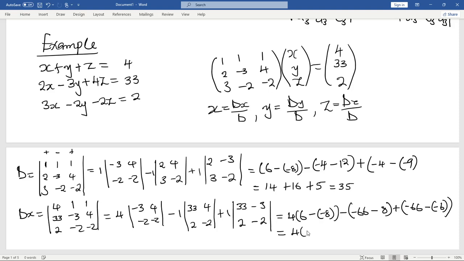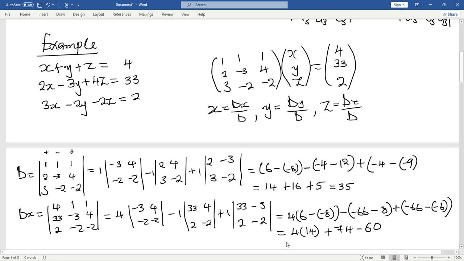Then if we add everything that we have here, you notice that this is simply going to be 4 multiplied by 14 here, minus this and this here. So negative 66 minus 8, we're going to get negative 74 here. So 74, it becomes a positive value, so we say plus 74 like this here. Then this side here, negative 66 minus negative 6, so this becomes positive, so that's going to be negative 60 there.